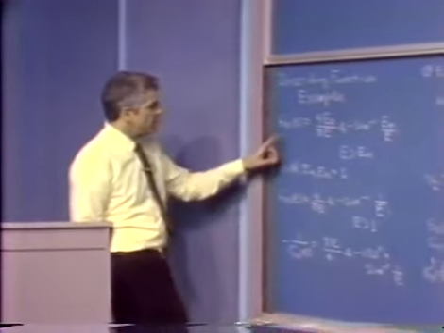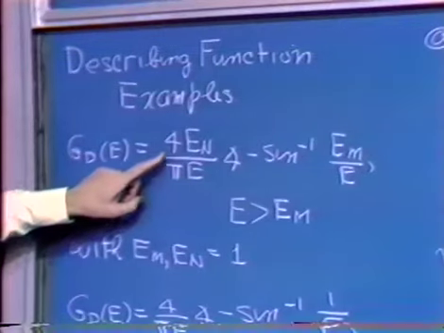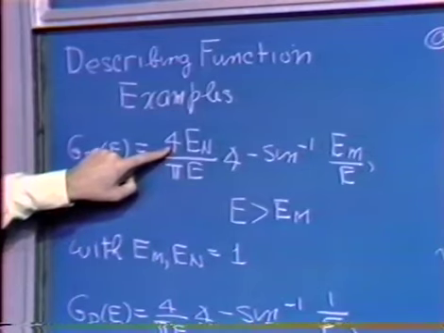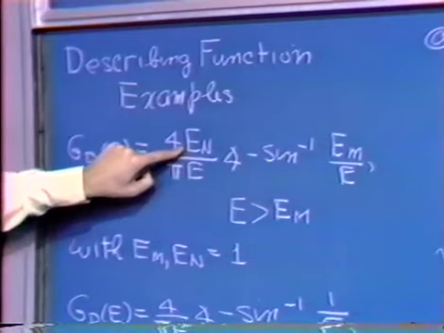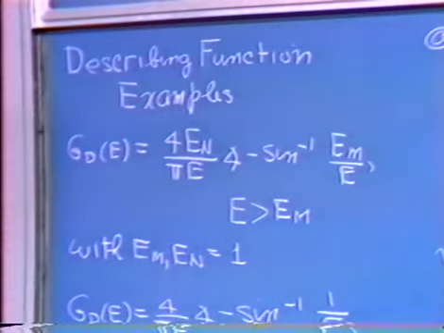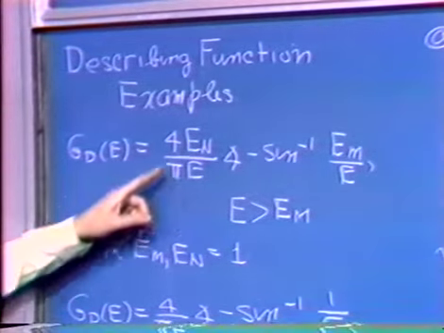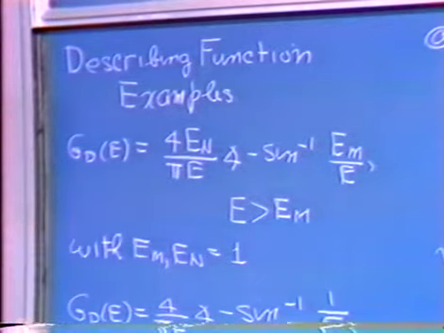The describing function associated with that element, g sub d of E, is once again the amplitude of the fundamental component of the output signal. The output's a square wave. The fundamental component is 4 over pi times the peak value, so that's 4 over pi times E sub n.